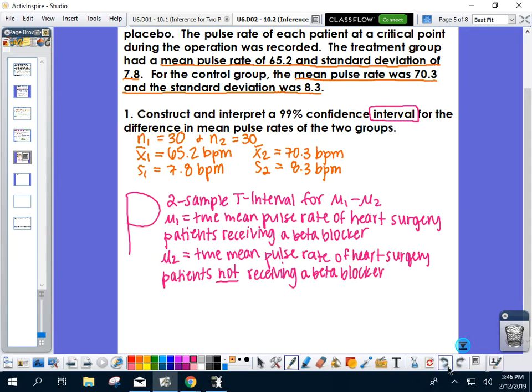We don't want to say of the placebo group because that's only from our sample and we want the mu that we're defining to be for the population. And so we want to say just patients not receiving a beta blocker since that's what the placebo group represents.